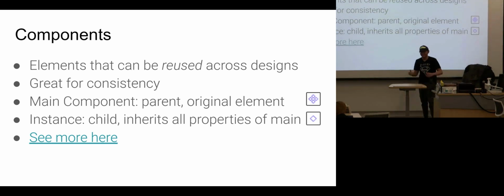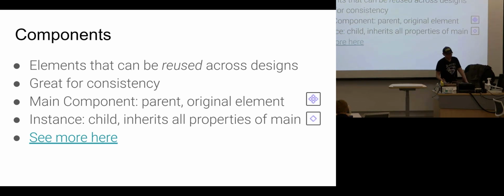Figma has this very powerful feature called components, where you can make an element you have created a component such that every instance of this component will automatically update if its parent component updates as well. It's great for consistency, because all of the instances of the component will look identical to the component as long as you don't change them, of course.